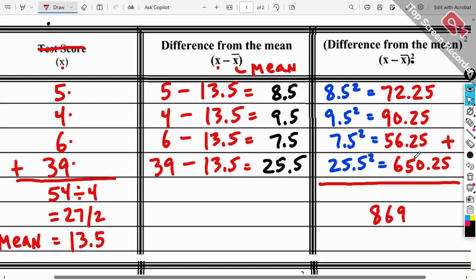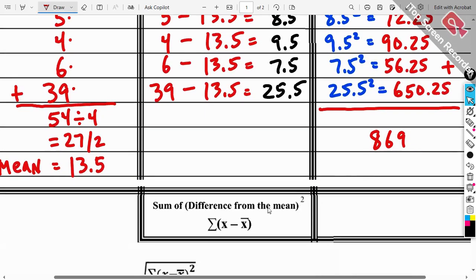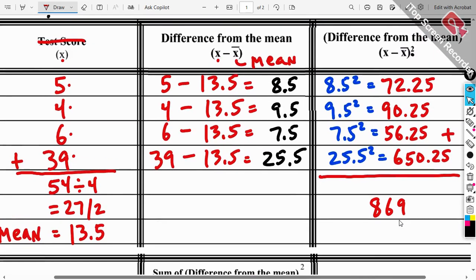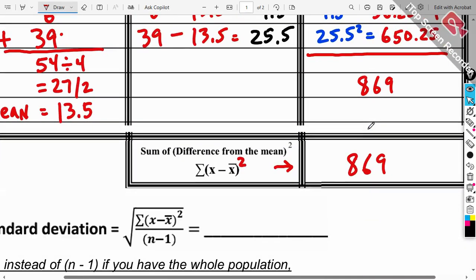And I get 869. All right, so the sum of the differences from the mean squared, that's going to be 869. Okay, I basically just added up all the numbers squared. And that number is going to be your numerator.